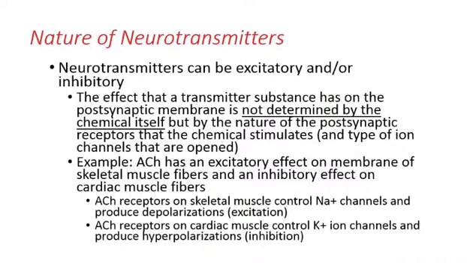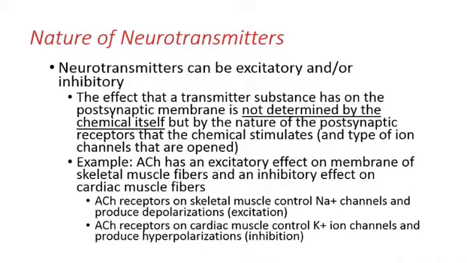Now, neurotransmitters, as I mentioned last time, can be excitatory or inhibitory, but the effect that the neurotransmitter has on the postsynaptic membrane is really not determined by the chemical itself. It's determined by the nature of the postsynaptic receptors that the chemical stimulates and what ion channels are opened or not opened by that substance.